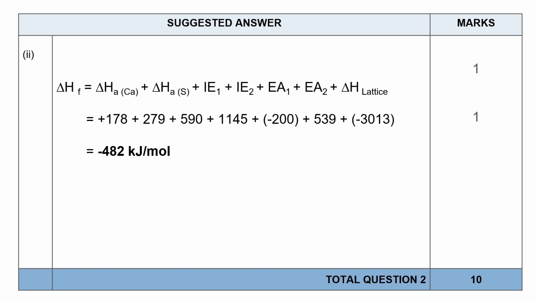Then we substitute the data. Then we get the final answer as negative 428 kilojoules per mole. So we have 2 marks allocated in this part. Then the total mark is 2 for question 2B.